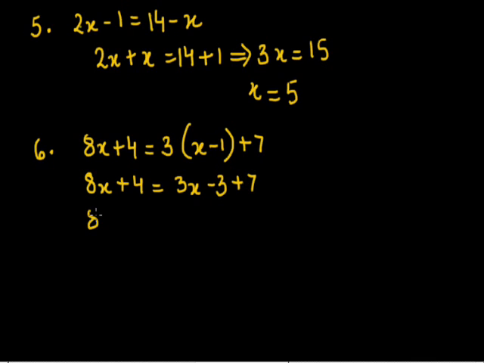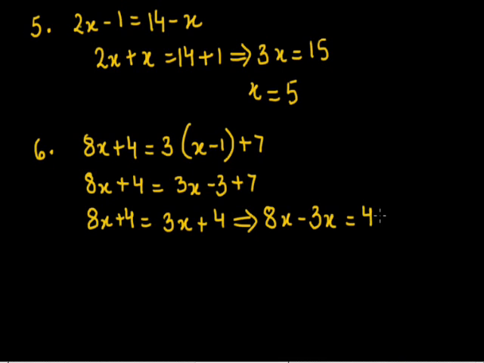Now solving, 8x plus 4 is equal to 3x plus 4. Now if I shift 3x to the left hand side, it will become 8x minus 3x is equal to 4 minus 4. So 8x minus 3x, that is equal to 5x.